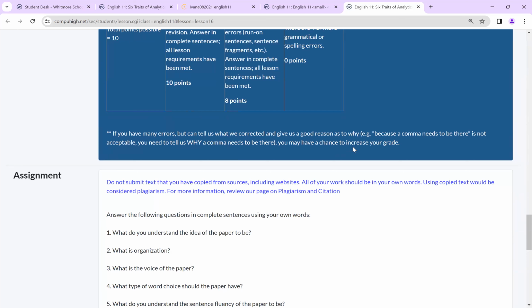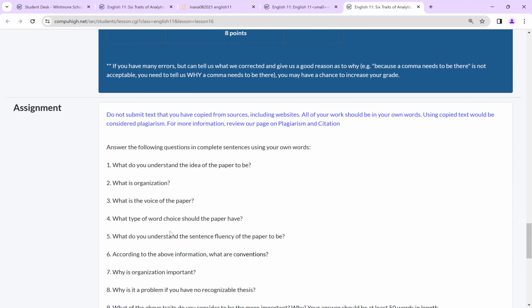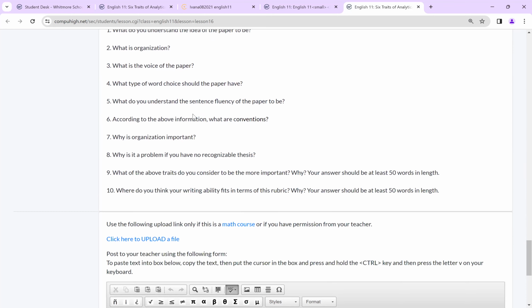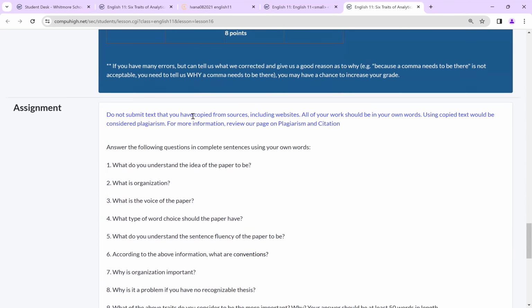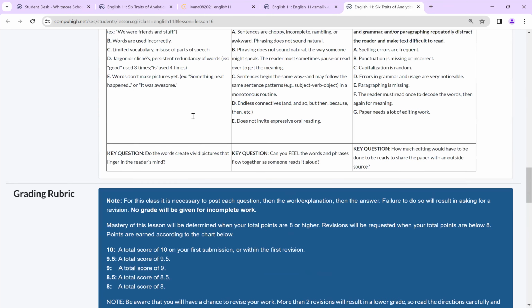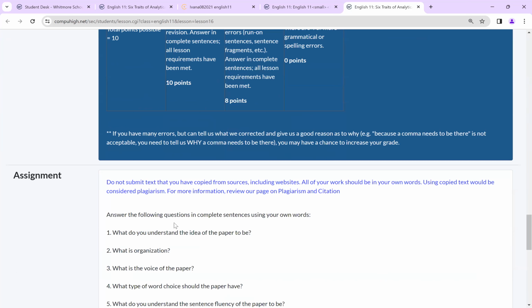Where is the actual assignment? Okay. All right. I am not seeing what the actual assignment is. I know we have to answer those questions. Okay. Maybe it's all up in this rubric. What do you understand the idea of the paper to be? What is organization?